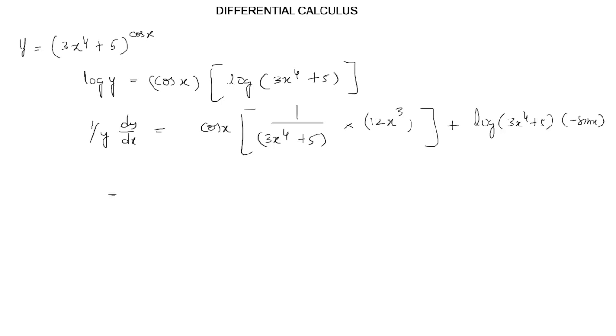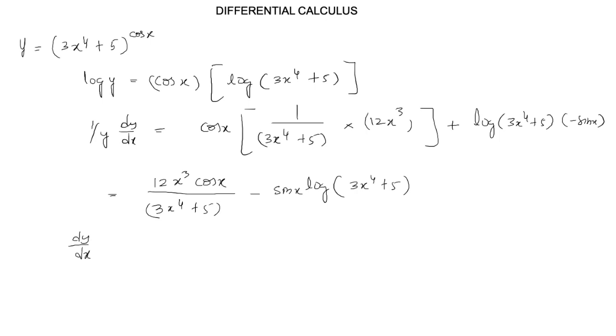Okay, and further this will be 12x cube cos x by 3x power 4 plus 5, right? And minus sin x log of 3x to the power 4 plus 5, right? And dy by dx will be y.